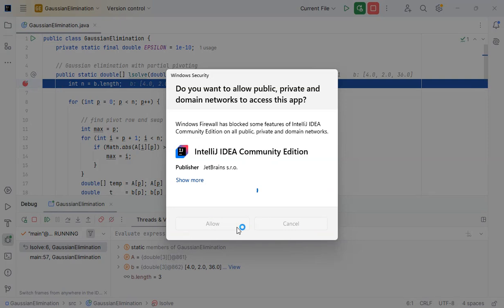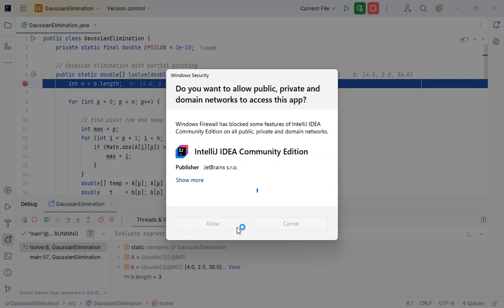Now we are going forward, we step over. We go into the cycle, and you see n is equal to 3 because we have 3 rows. Now we go next, and firstly we introduce max and p. So you see p is 0, why? Because it is the new iteration. So let us see what happens.